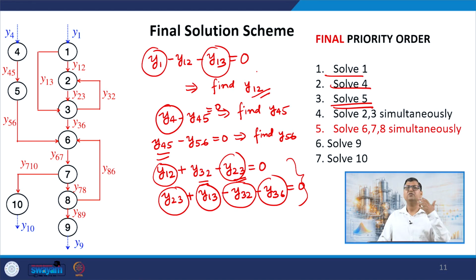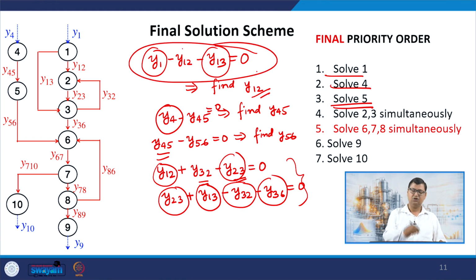It will not always work because you can have a weird choice of input variables. Let us say in the very first step, you don't know any of y1, y12, y13. In that case, clearly the solution scheme is not ideal, so we have to tweak the equations a little bit. So it gives you some kind of a guide, and if you have the liberty to choose the input or specified variables, this is going to work perfectly.